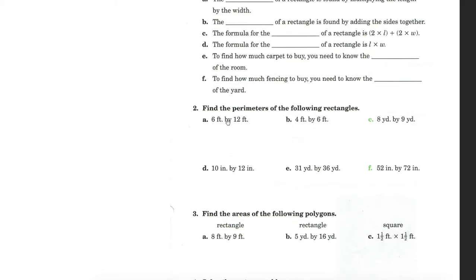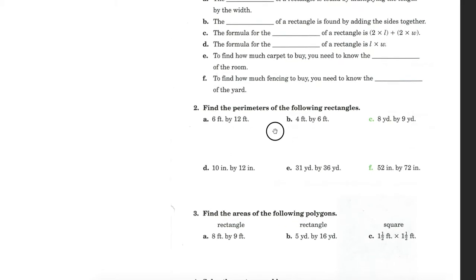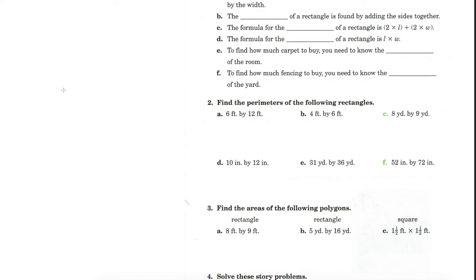So number two, find the perimeters of the following rectangles. So we have a rectangle here. Remember, perimeter again is, when you find the perimeter of a shape, a polygon, I should say, you are finding the distance around the shape.